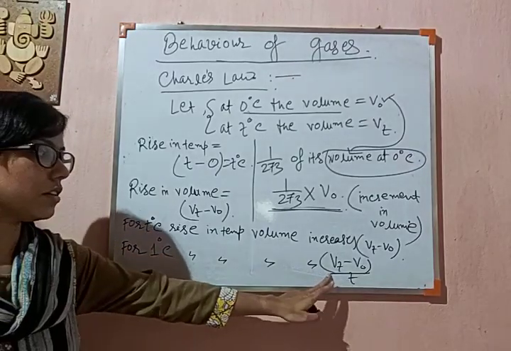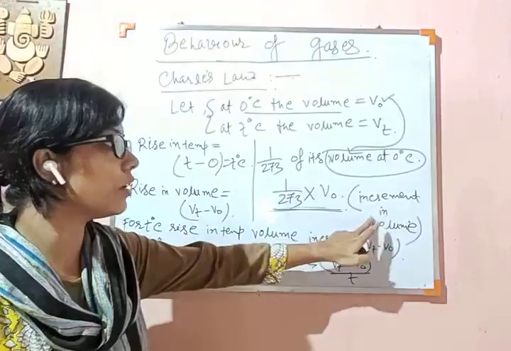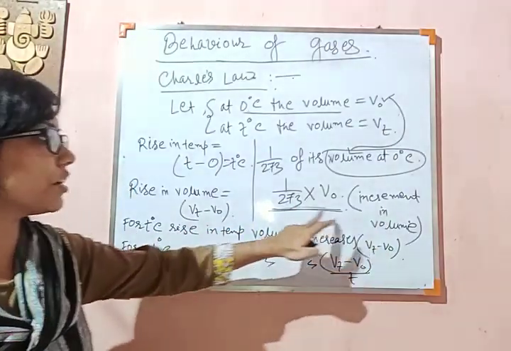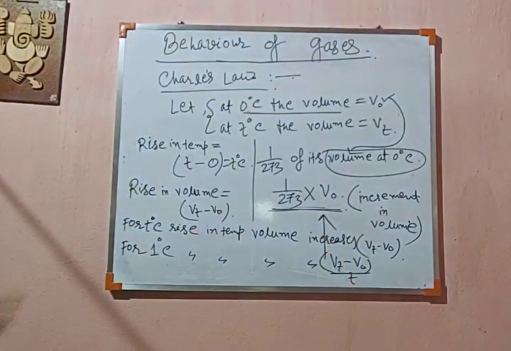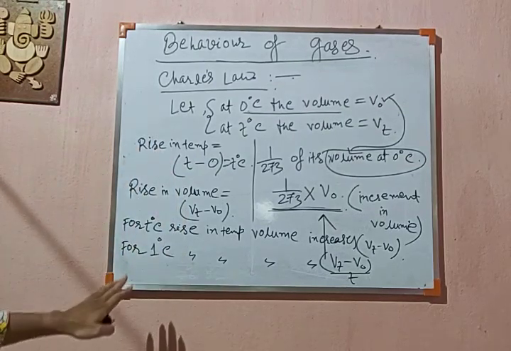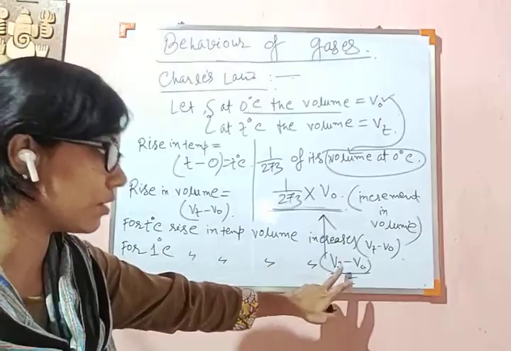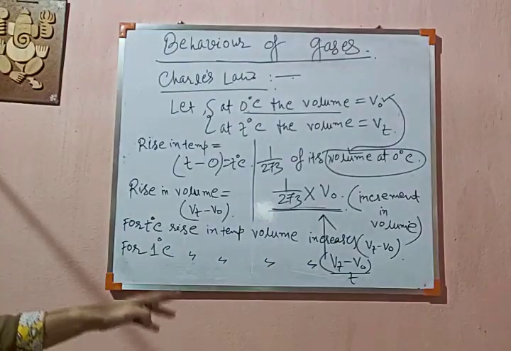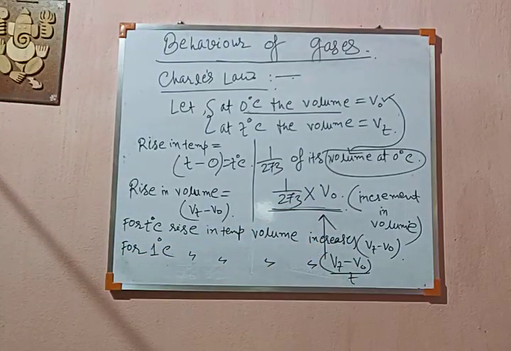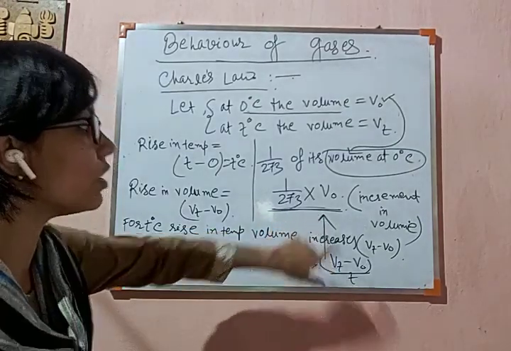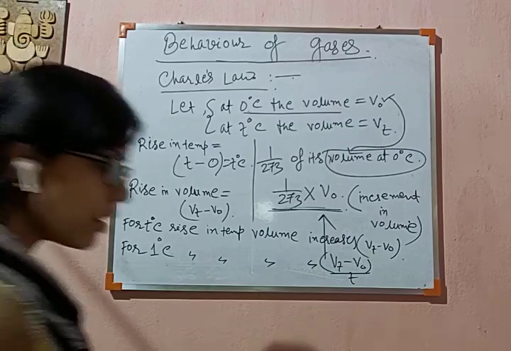If the increase for T degrees Celsius is Vt minus V0, then for 1 degree Celsius rise in temperature, the volume increases by Vt minus V0 by T. From Charles' law, the increment in volume for 1 degree Celsius rise is V0 by 273. These two are equal, since both are the volume increment for 1 degree Celsius rise in temperature.